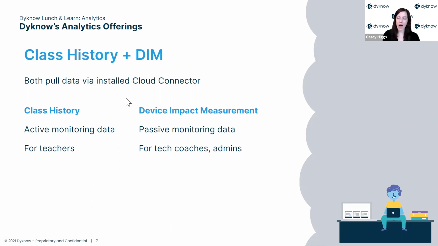And then secondly, we've got the passive monitoring data, the data that's being pulled from student devices all the time, well, at least within defined monitoring dates and times. So it's being pulled whether or not teachers are monitoring, and that's based on your active blackout settings.